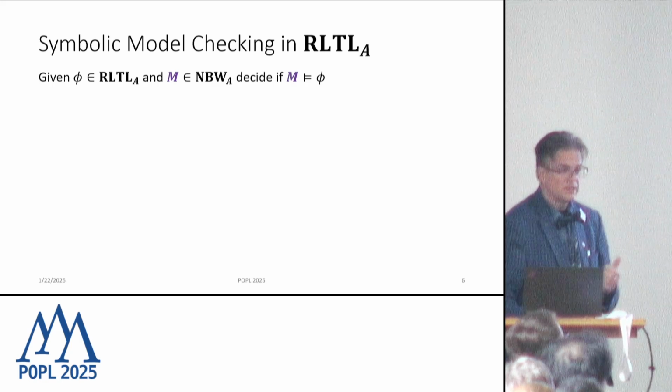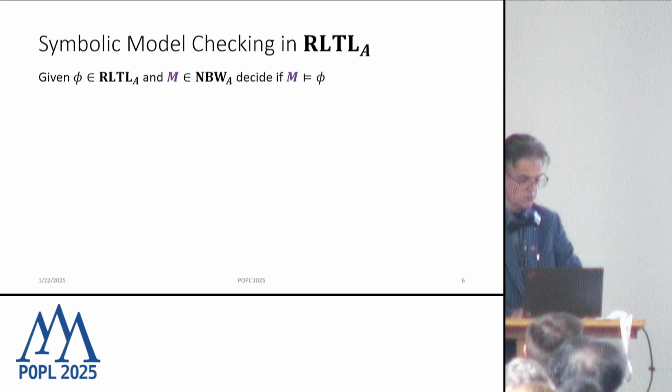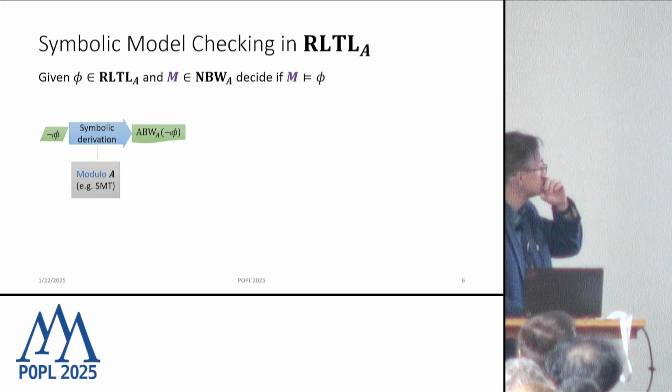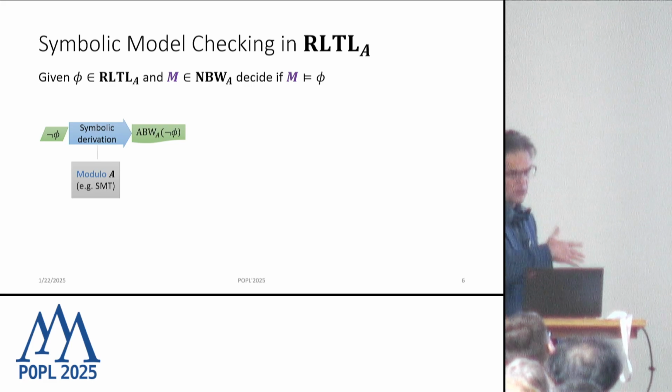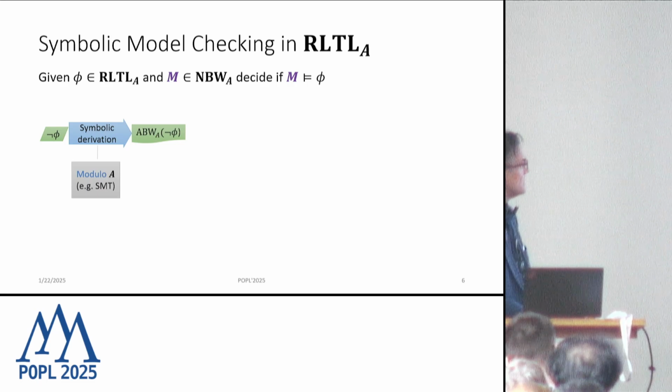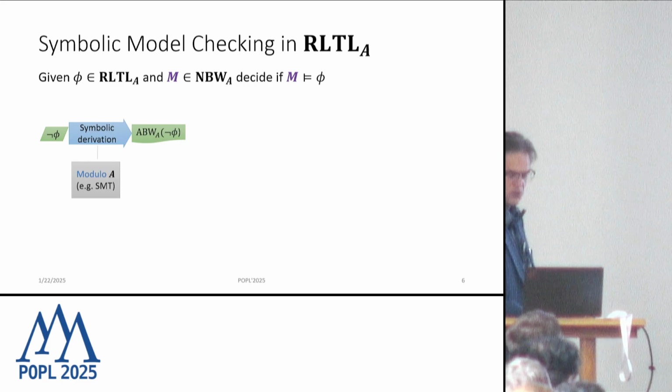So just to give an idea of where this can be used: symbolic model checking in RLTL, which can be described at a high level as follows. You want to show that a given non-deterministic Büchi word automaton, which I will define later, satisfies condition phi in RLTL. You first apply the symbolic derivatives to construct an alternating Büchi word automaton.